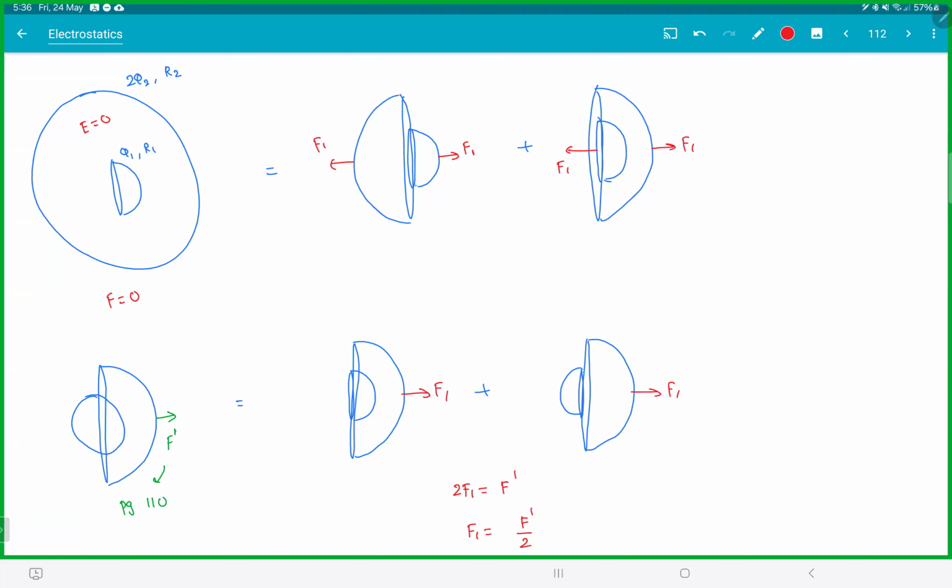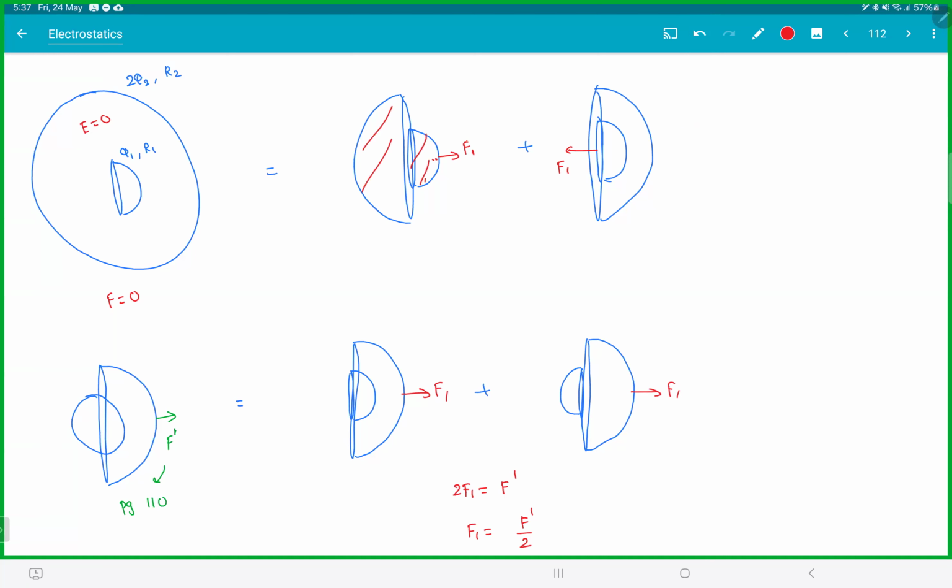So how can we say that both will be F1? This is Newton's third law. I got that in a single diagram, but in the first diagram and the second diagram, you have taken both the red forces as F1. Why both F1? Because this F1 is a force between this half shell and this shell.